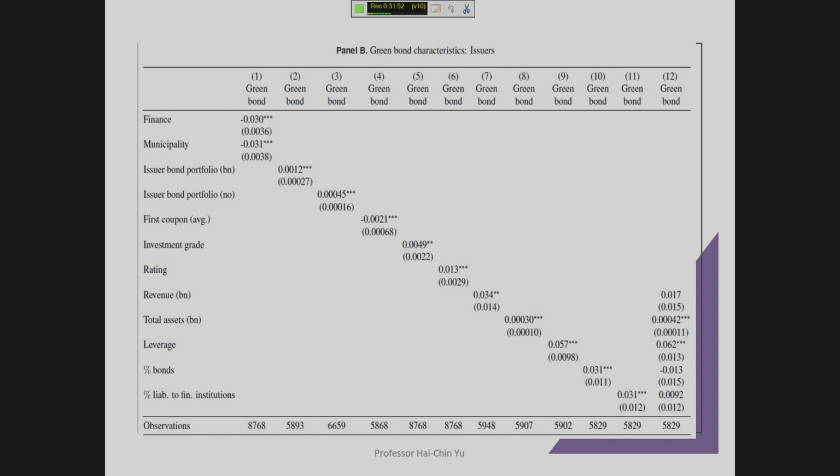So if you belong to junk grade, it's another category, or otherwise you belong to investment grade. So investment grade could get a higher positive. Rating the same. And these are the control variables. This is the sectors that purchase, who is issuing.